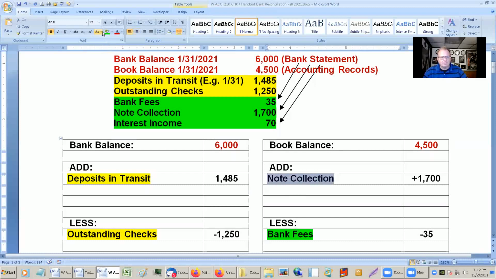How about the interest income? Will that be a plus or minus? A plus. Oh, for the bank, it's a minus. Well, for you, it's a plus. Yep.